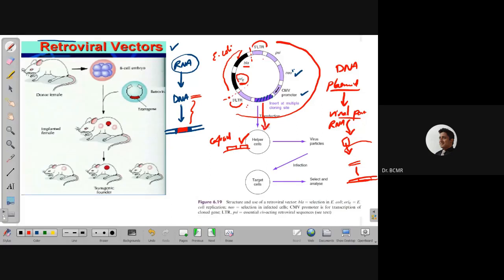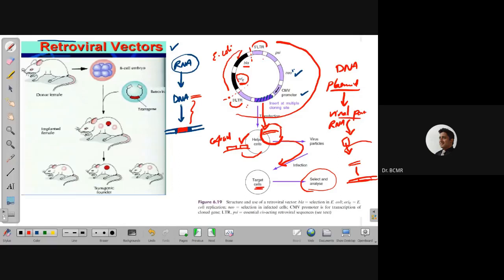So you are introducing this genome, which will be replicated, and the capsid and other things are made by other parts, and now this will be packaged into one viral particle, and that virus particle is used for infecting target cells. Once they are there, you'll analyze whether they are recombinant or non-recombinant and so on.